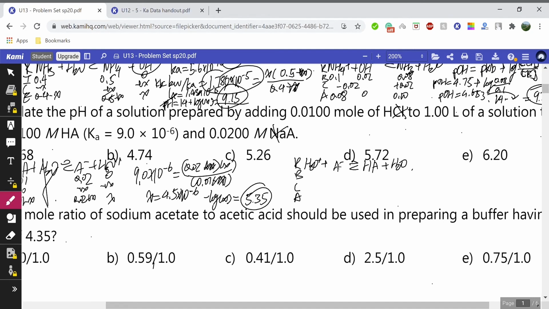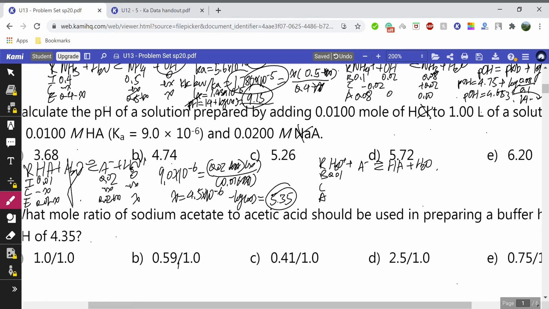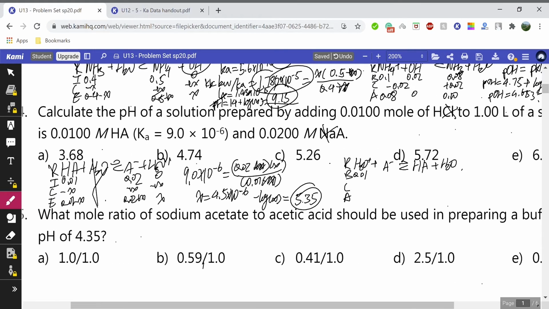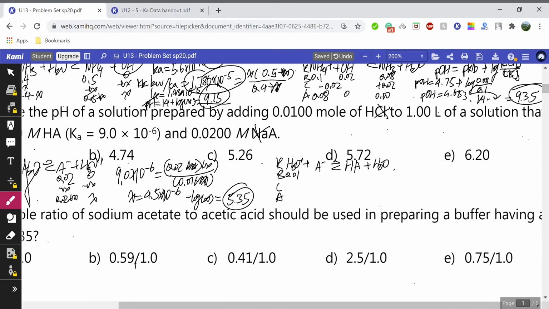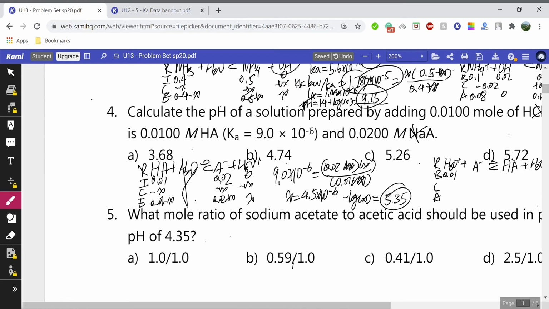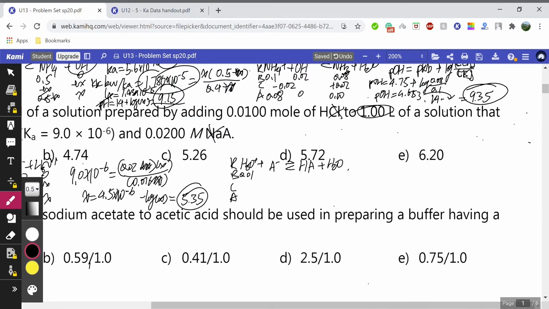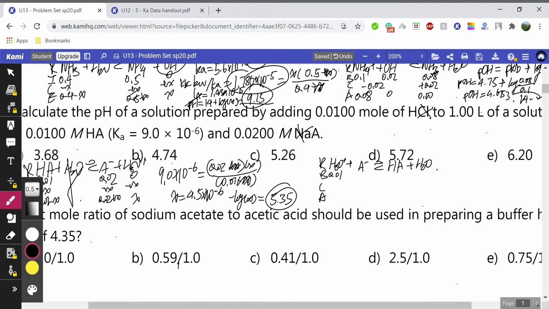Alright, so we have 0.01 moles, and since we're using an RBCA chart, we're going to be converting everything to moles. A minus, we have 0.02 molar in the beginning. So how many milliliters in that 0.02 molar? Let's see, it says 1 liter solution. So great, we can convert these straight to moles.